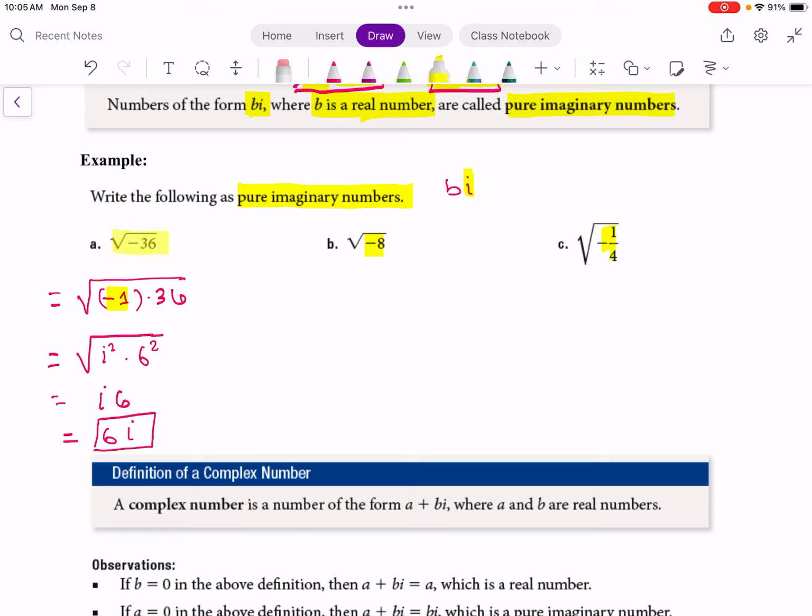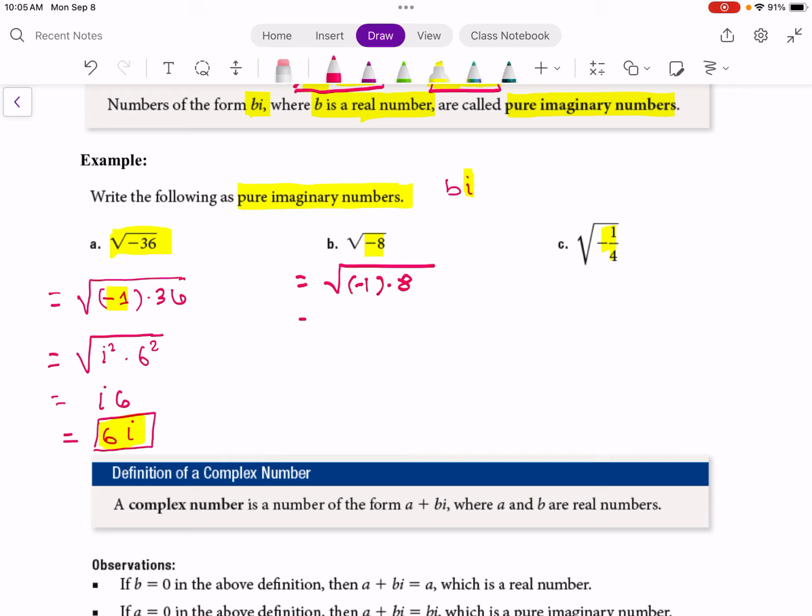So writing the square root of negative 36 and writing 6i, these two are exactly the same number. This number is a pure imaginary number. And in a similar way, in part B, we have the square root of negative 8. So let's rewrite negative 8 as negative 1 times positive 8.